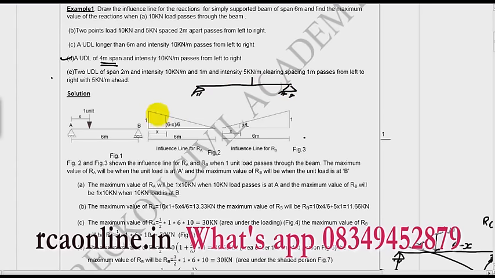I have to occupy the maximum area under this influence line. So this area multiplied by 10 will give me the maximum value of RA.